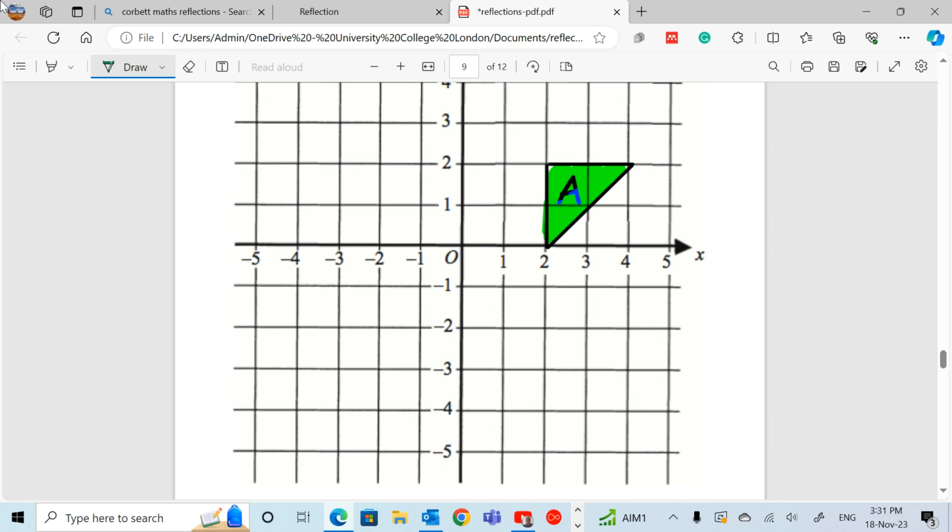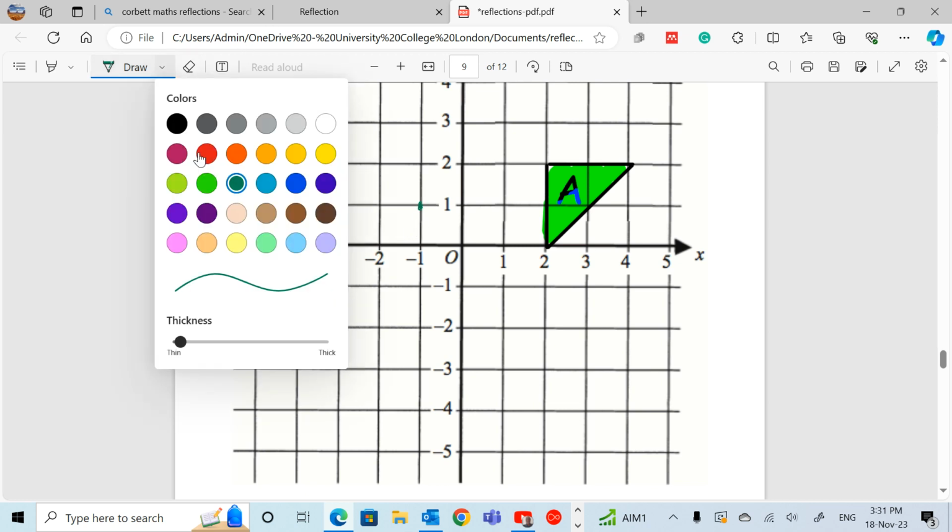So here is our line. Let's go from 0, 0, the origin. So when x is minus 1, y is 1.